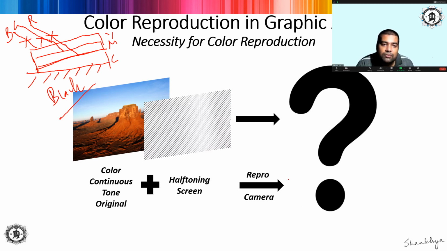All right, I hope this much is clear to you, so that we can start our following discussion, which will be on the different types of color separation methods, how colors are basically separated. As I said, each transparency is a record of each color in the original. One transparency is a record of the cyan area, another of the magenta area, another of the yellow area, and so on.